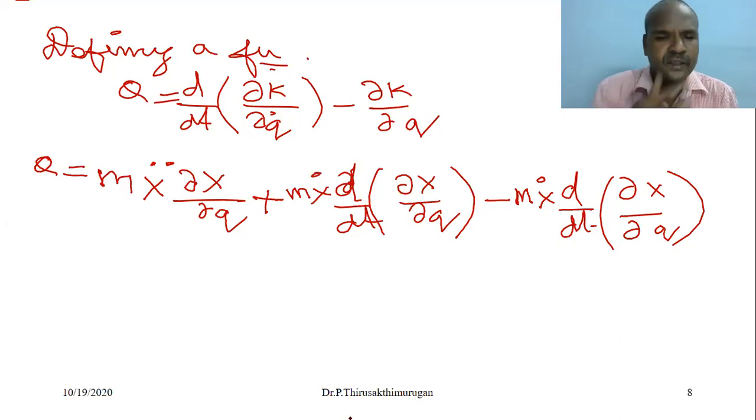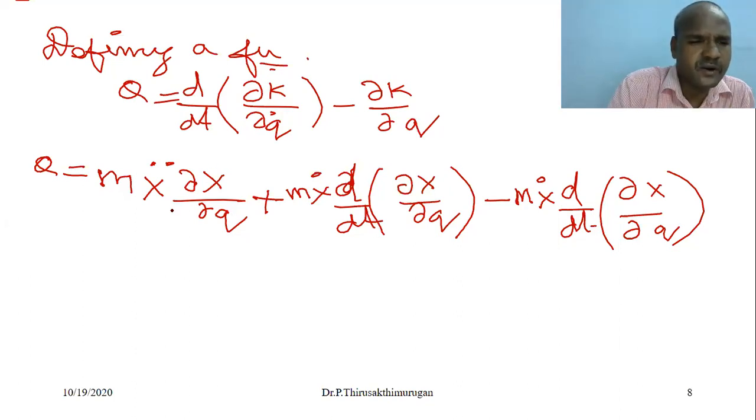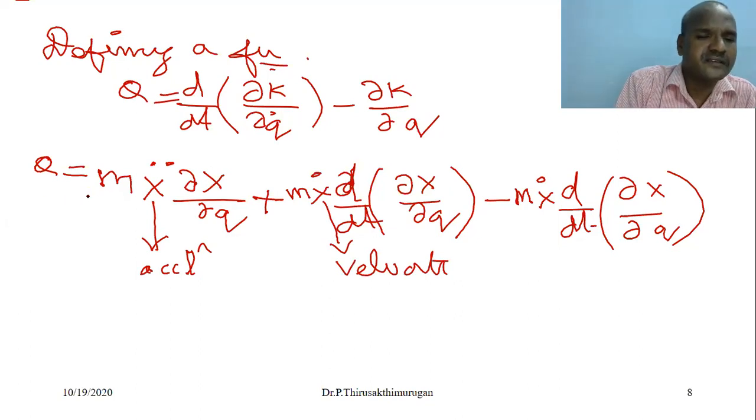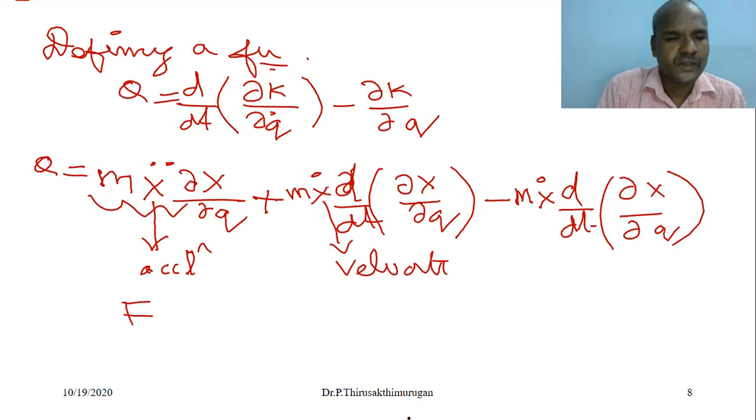Okay, here this x double dot is acceleration, and this is velocity. So mass into acceleration together is force.